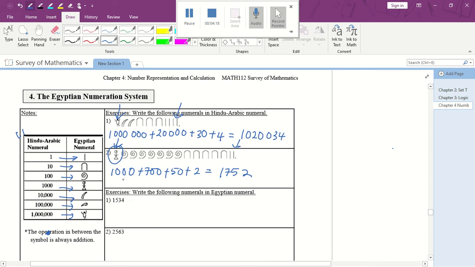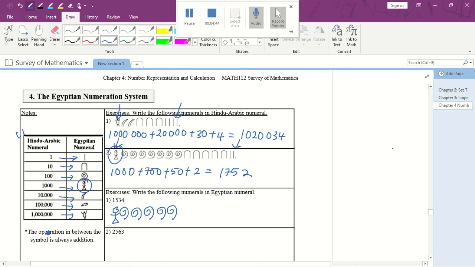So 1,000 means that we should have a flower here. And 500 means that we need to have 5 tornadoes or spirals. 1, 2, 3, 4, 5.